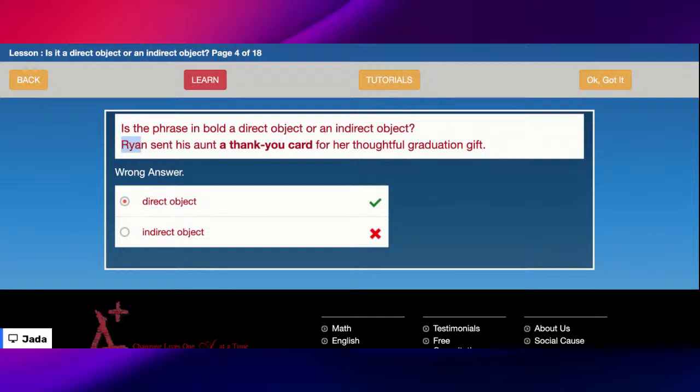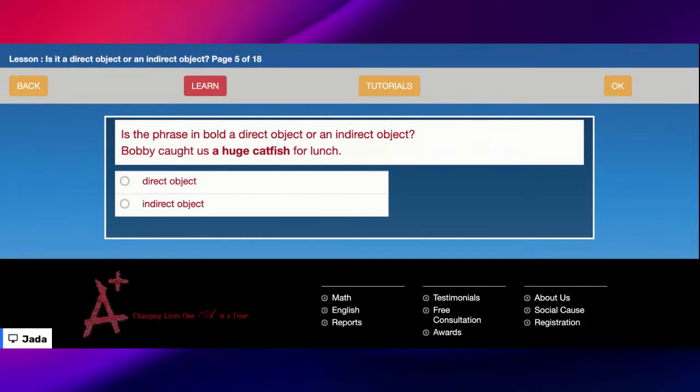So to whom was the card sent? The aunt. Okay. So usually when we have direct or indirect, the indirect is in between the action verb and the direct object. So if you want to know if it's indirect or not, you have to figure out the direct first before you can figure out the indirect.